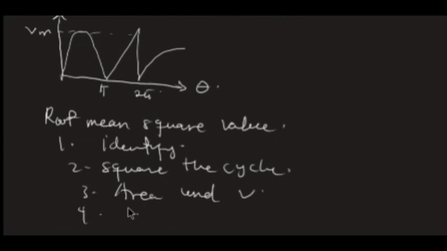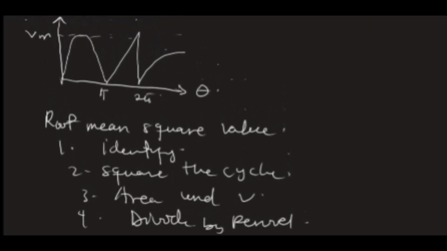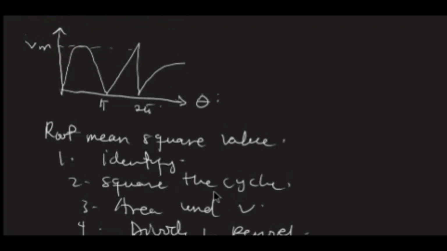Then finally, you find your period and you divide by your period. Then afterwards, you do what? You take the square root of the whole expression and you are good to go. Let's see how we can use that to find our root mean square for this voltage.